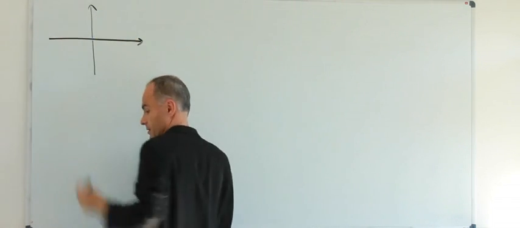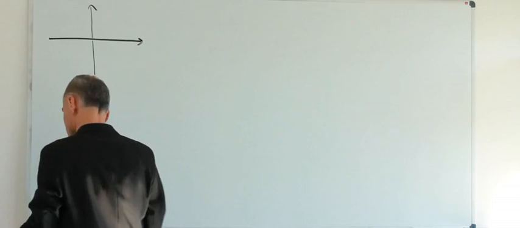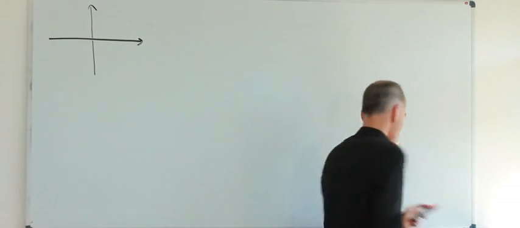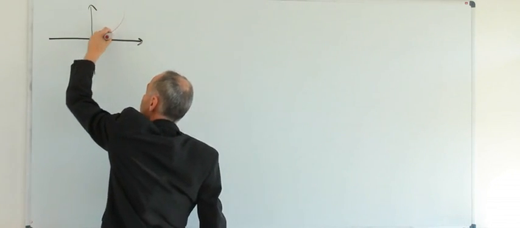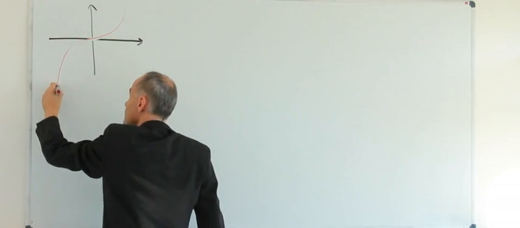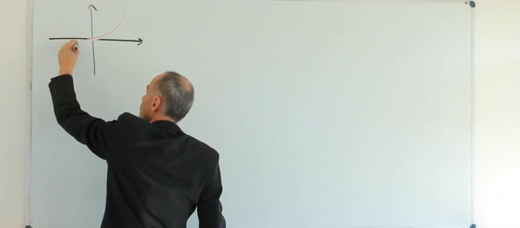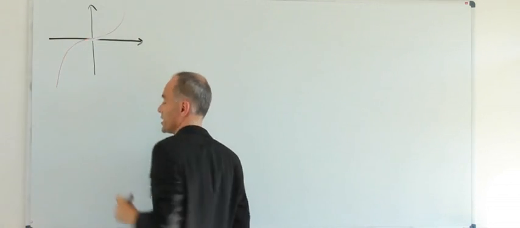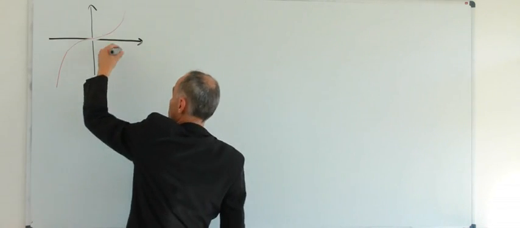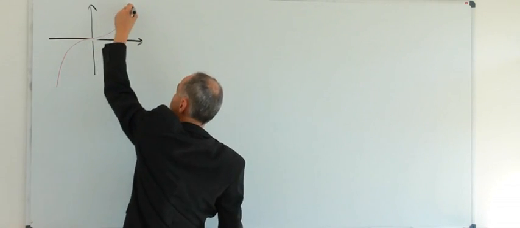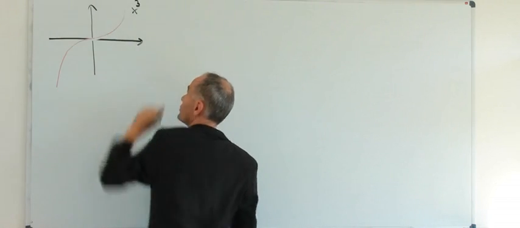I'm sketching a graph of the function x cubed, and I would like you to graph the slopes of that function. In other words, to graph the derivative of this function x cubed.